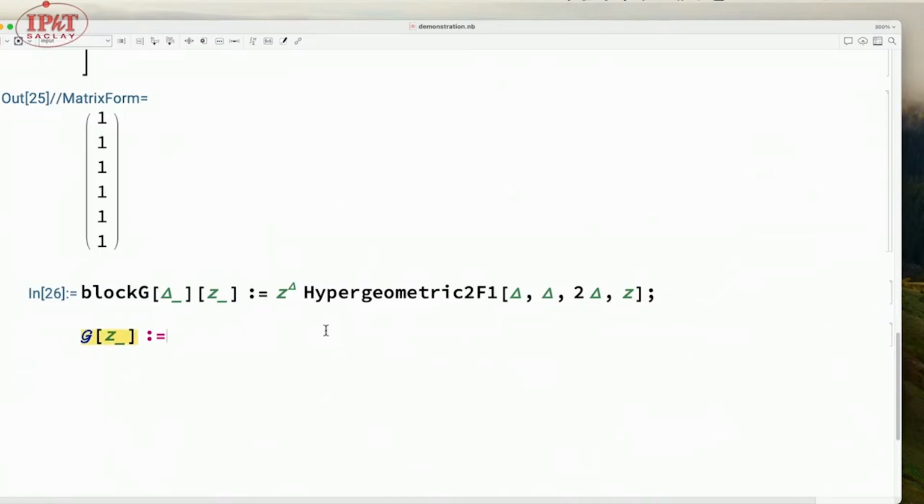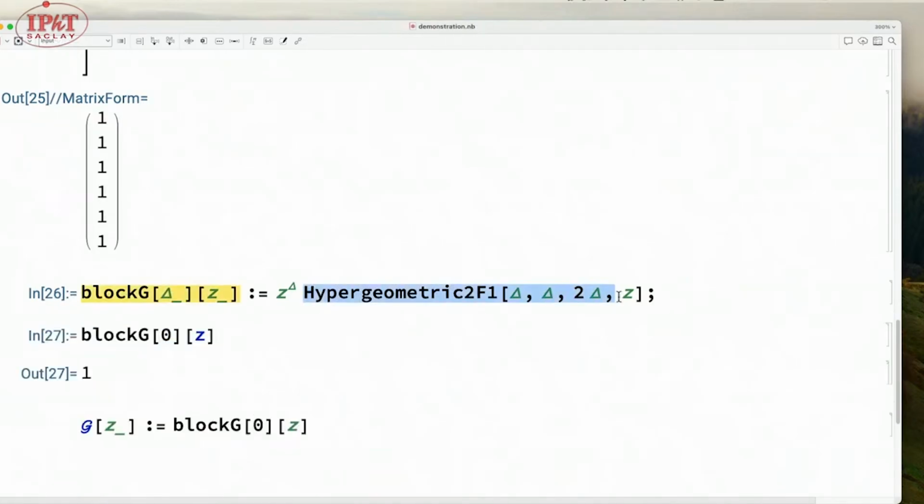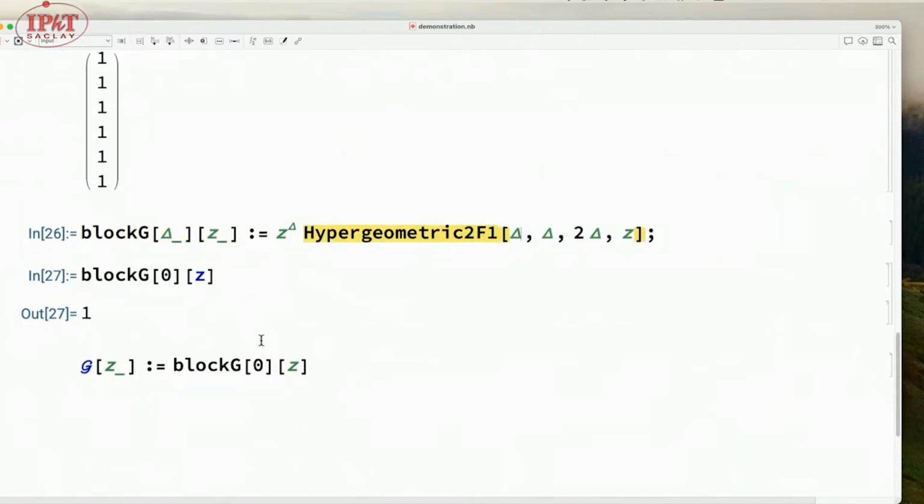And so what I explained is that you got the contribution of the identity block, which, by the way, is just 1. Because in that case, the series expansion of the hypergeometric truncates. So the conformal block of the identity was only 1 because identity has no global descendants.